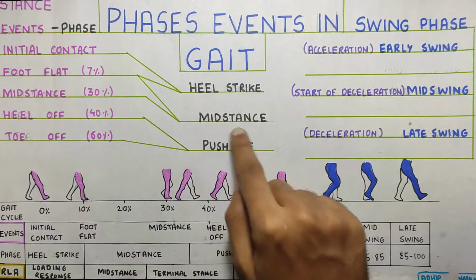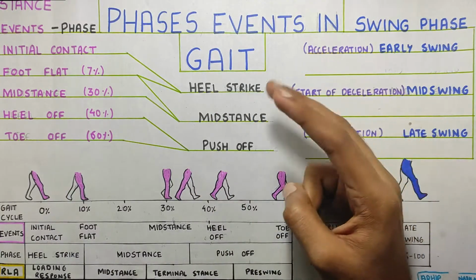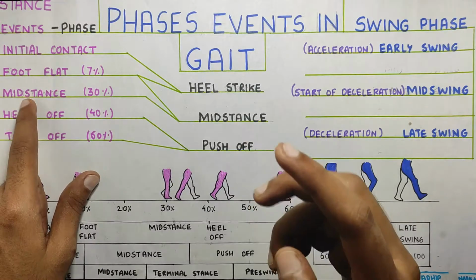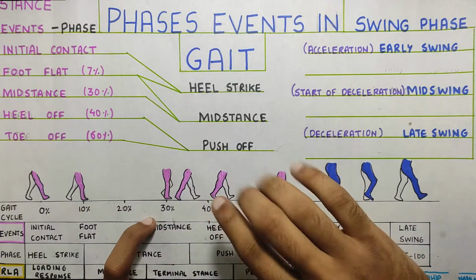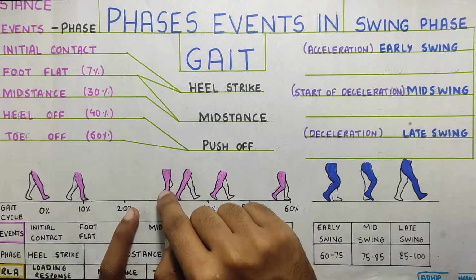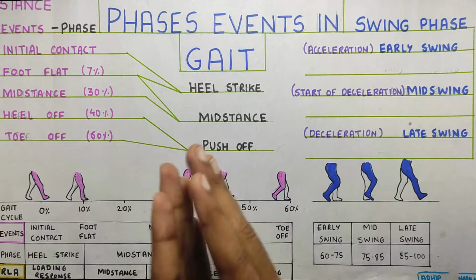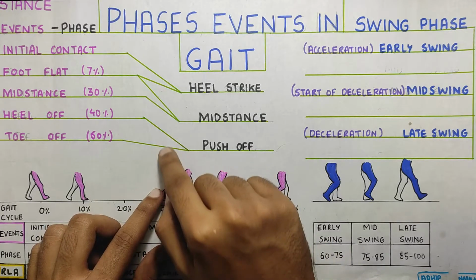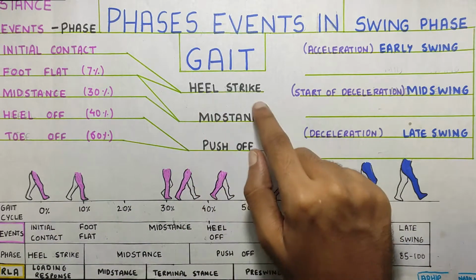After which there is the mid stance, right? That is the second phase, which consists of the mid stance event. That is basically when your stance is in the middle and your swinging leg is also in the middle. So both the legs are exactly below your trunk or below your body, right? So that is the mid stance.